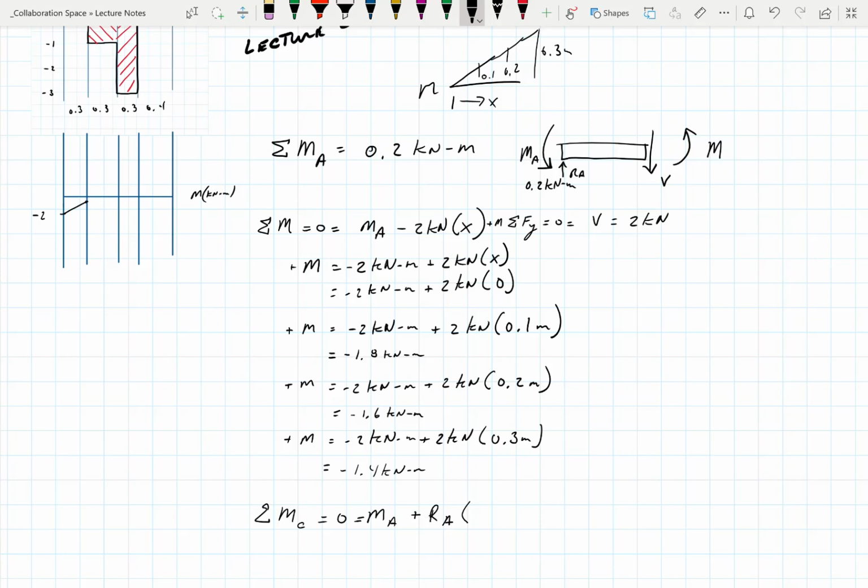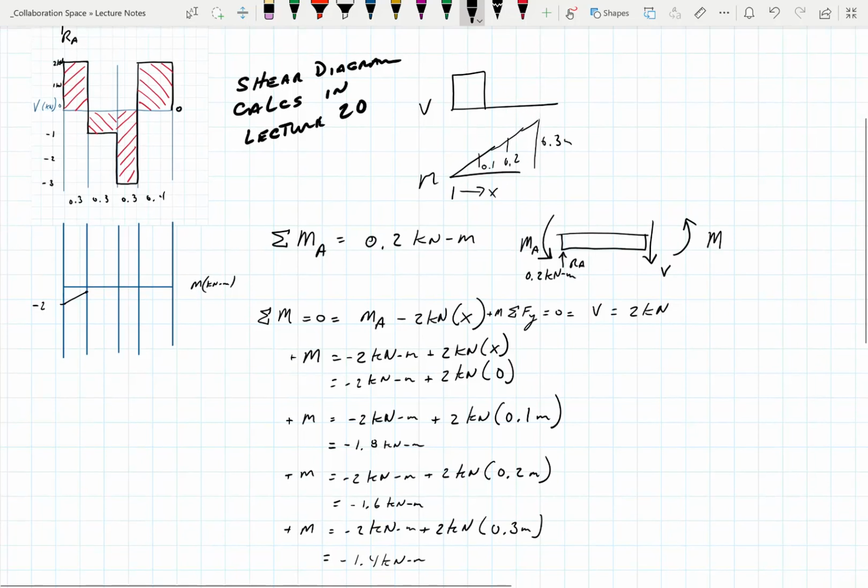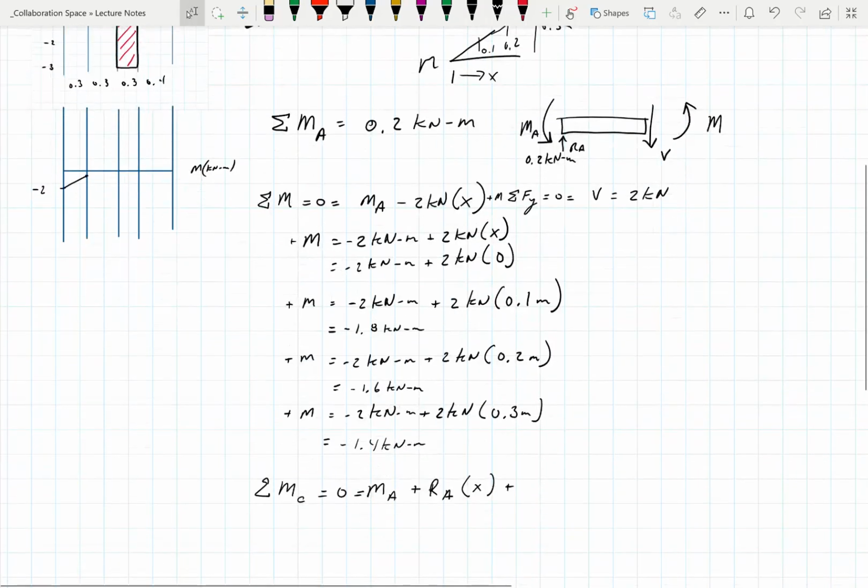And we're going to take that times some distance that we already will know. And then we have the force that's at C. We're going to use the V at C now, and that's at a distance of X. Okay, and we want to know what the moment is.